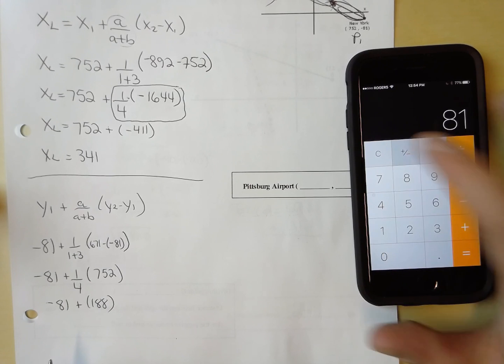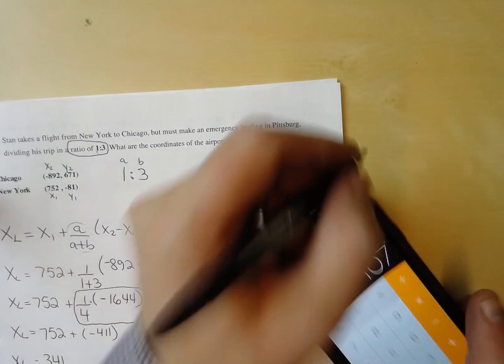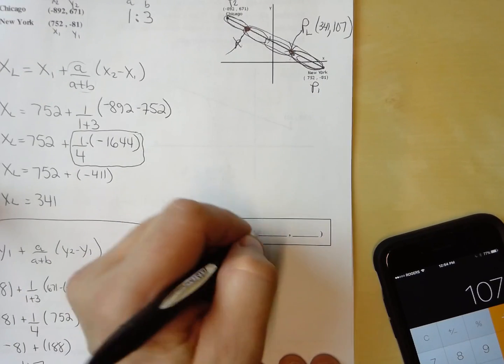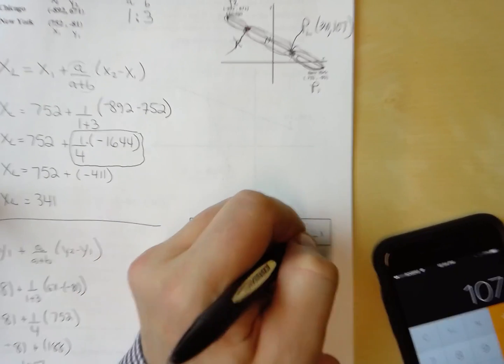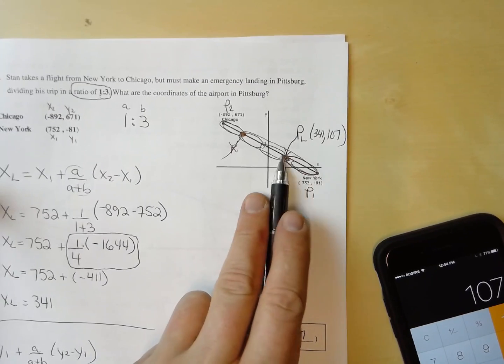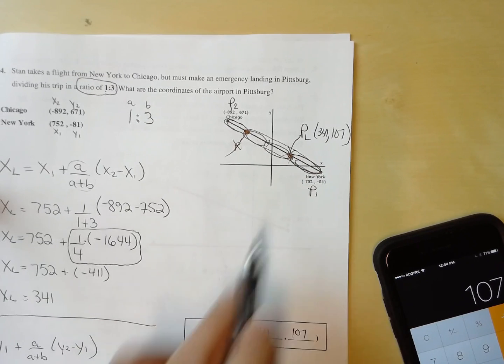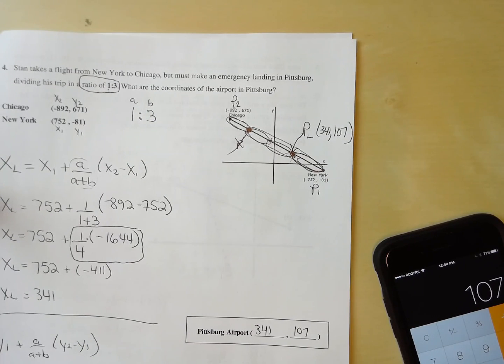There's the negative 81 being added, and you get 107. And that's the location of the y. So if you come back up here, the y is 107. So we fill in our answer over here, and we get 341 for the x and 107 for the y, and that is the location of Pittsburgh, which divides it in a ratio of 1 part to 3 parts if I'm leaving from New York. Super simple once you get the pieces down and you know what to plug where. One more to go.